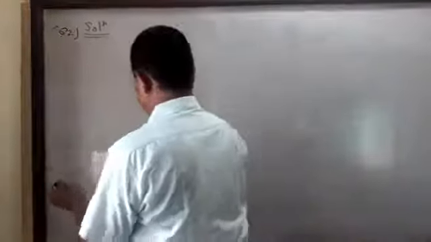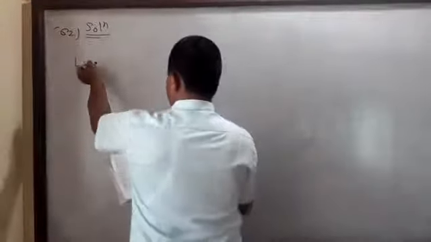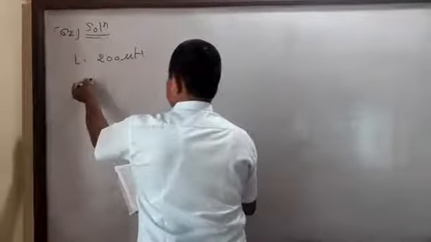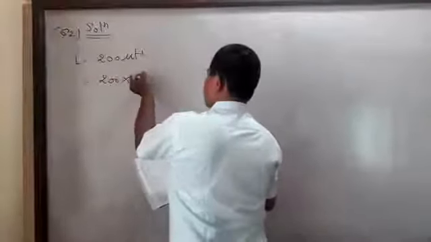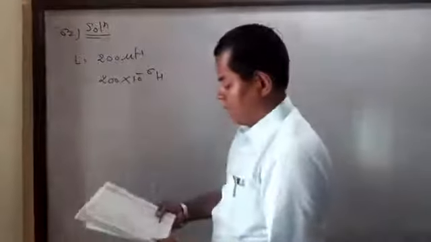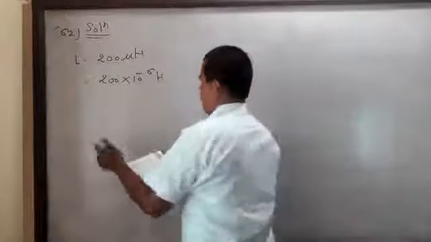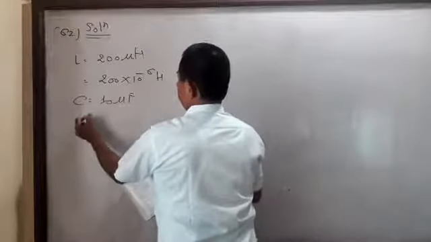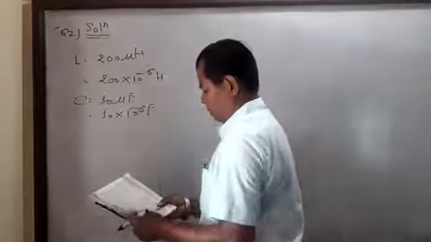Inductor of inductance L, which has value 200 microhenry, meaning 200 into 10 to the power minus 6 henry. And a capacitor of capacitance C, 10 microfarad, meaning 10 into 10 to the power minus 6 farad.